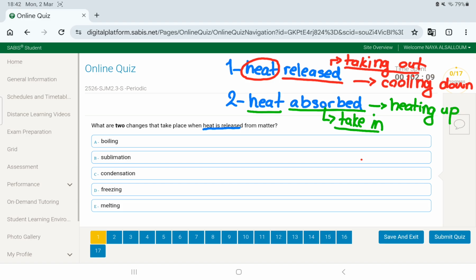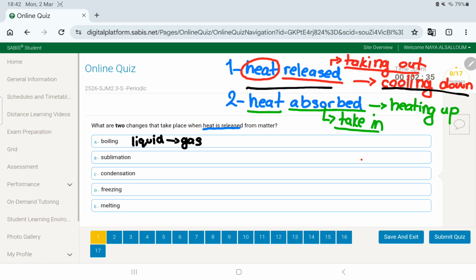Okay? Let's see. Here, what do they want? They want when heat is released. And here we know that when heat is released, the object cools down. Let's see. Boiling. Now here we're going to go through each one. Boiling is when a liquid changes to a gas, okay?